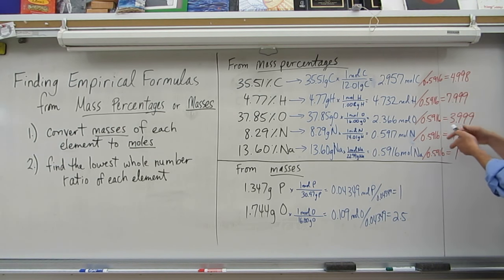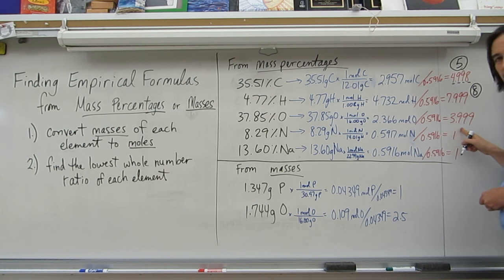For carbon, we get 4.998. That is very close to 5, and we can round that. For hydrogen, we get 7.999, very close to 8. So we got 5, we got 8. Oxygen, 3.999, very close to 4. And these are just 1.